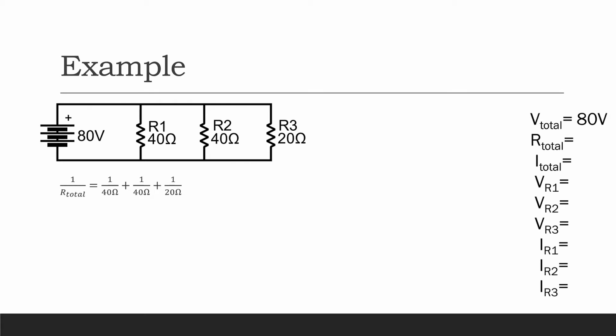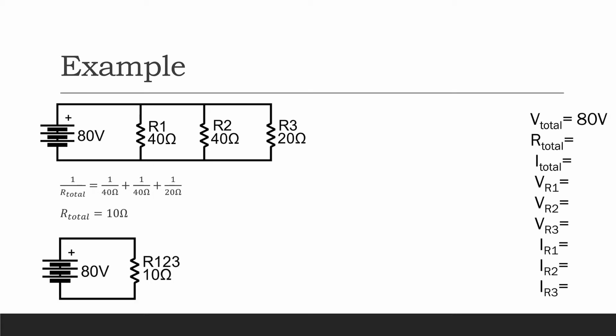In this case, that's 1 over 40 ohms plus 1 over 40 ohms plus 1 over 20 ohms. So R total comes out to be 10 ohms. This circuit is equivalent to a single circuit with just 10 ohms of resistance, just like is drawn at the bottom of the page. And we can write down that resistance in our total resistance column.